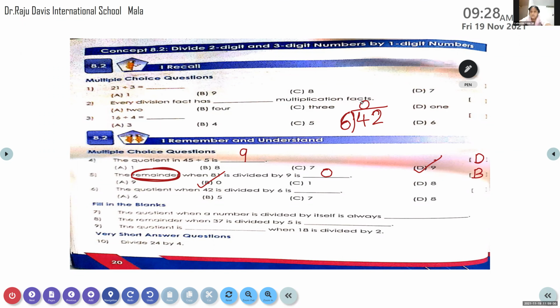Now, next. What is to be done next? We have to check the table of 6. If you know the products, just write. 42 is there in the table, so 6 into what is 42.